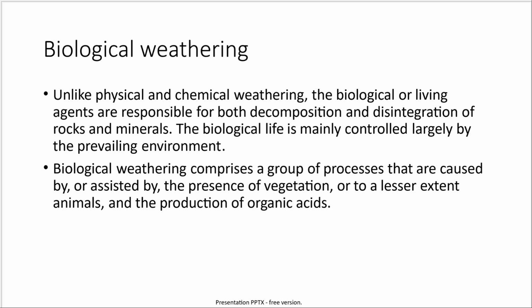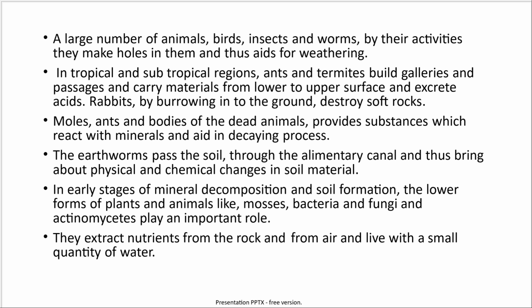A large number of animals, birds, insects, and worms, and their activities, they make holes in them and thus aid weathering. In tropical and subtropical regions, ants and termites build galleries and passages and carry materials from lower to upper surface and excrete acids.